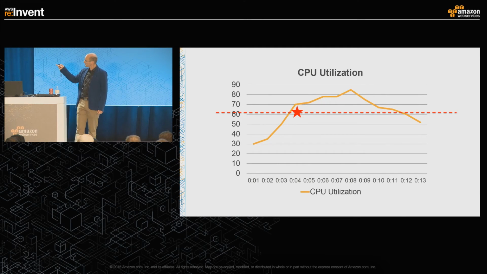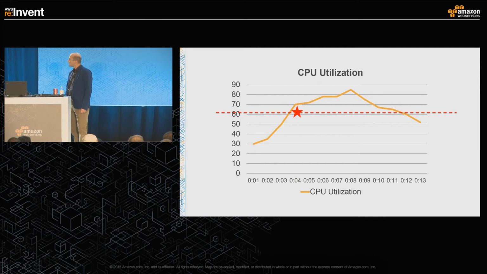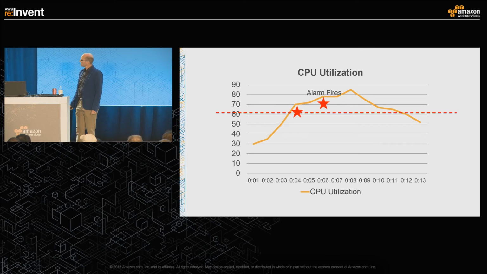And at this point, it will notice, OK, it doesn't fit. So it will actually trigger the alarm state. But I've set my alarm to not fire right away, but I've defined it to fire 2 minutes later. Because I want to make sure that I don't see just a little bit of spike for just 5 seconds and launch a new instance, right? Because by the time the instance is launched, everything might be over again.